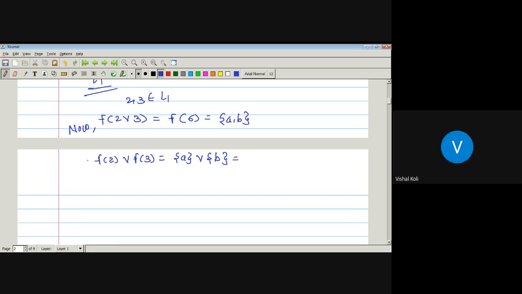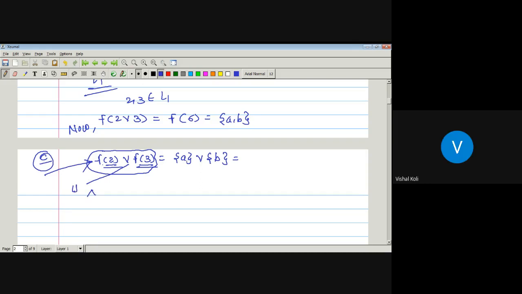The elements f of 2 and f of 3 come from L2, on which the inclusion relation is defined. And if there is an inclusion relation, then join works like union and meet works like intersection.